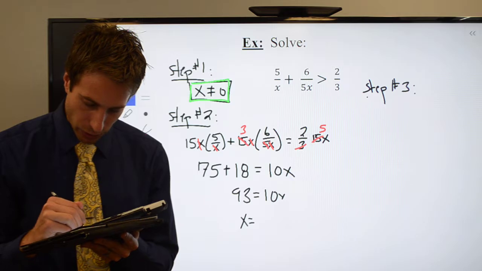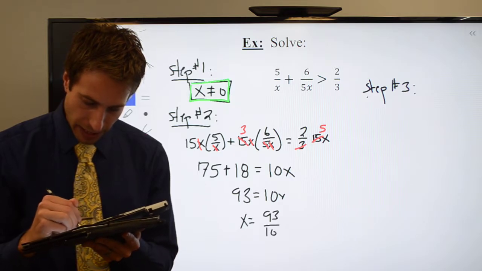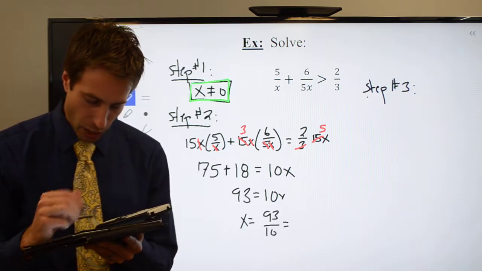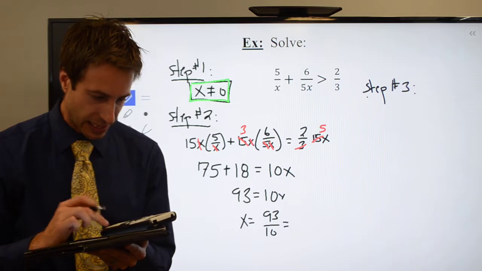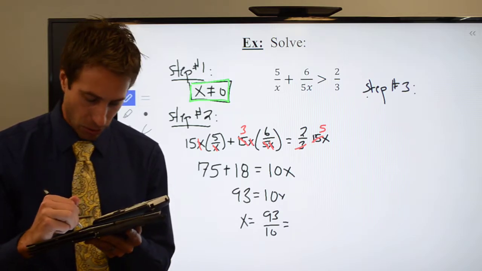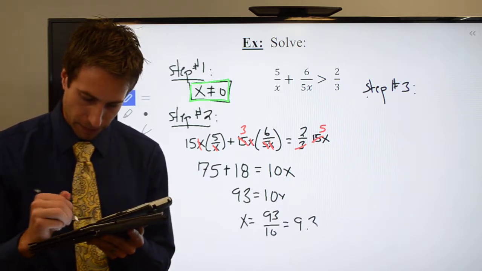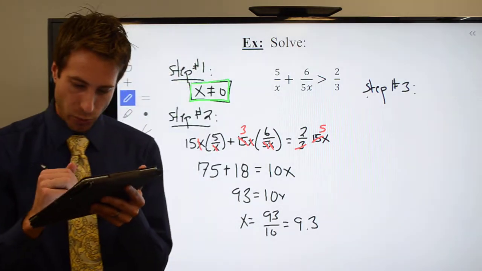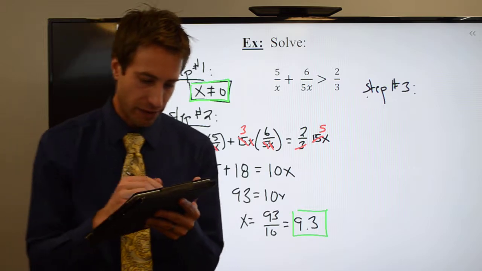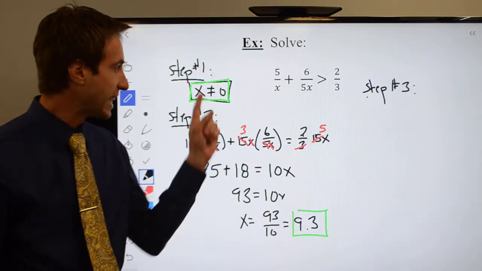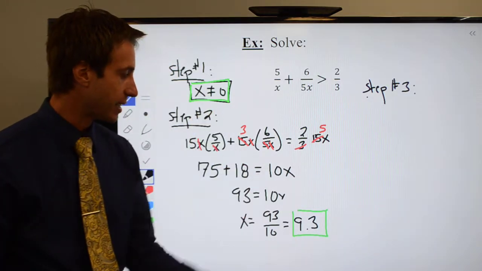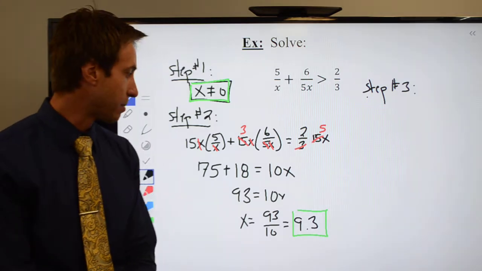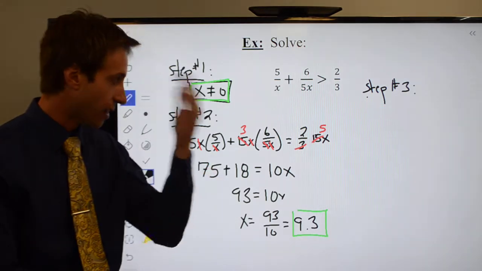X is equal to 93 divided by 10, which comes out to be, as a decimal, 9.3. All right, I almost goofed big time, but we saved it. Okay, great, here we go. So I need to drop the values from step 1 and step 2 onto a number line.